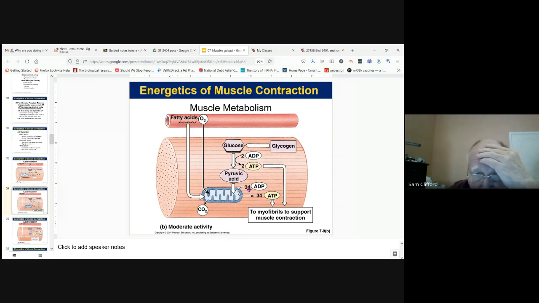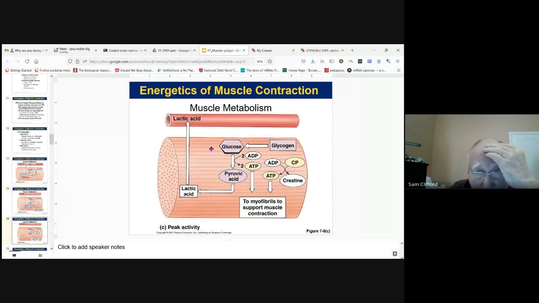Oxidative phosphorylation means that with oxygen, you're going to produce 34 ATPs, and that ATP is going to support muscle contraction. But again, oxygen is available.